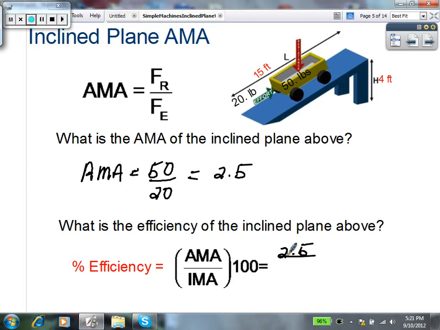The ideal mechanical advantage was 3.75. If we calculate that, we end up at about 67%. So not great, but it's not bad either. So 67% efficient is what this inclined plane in our example has.